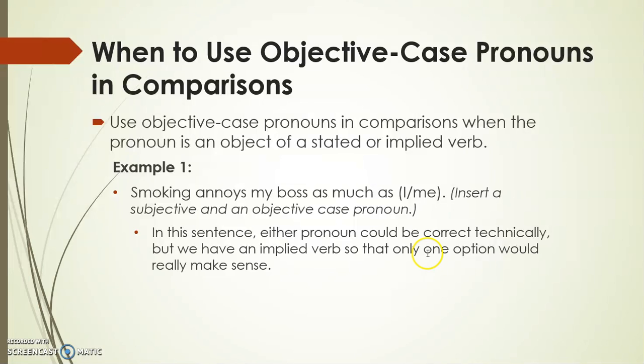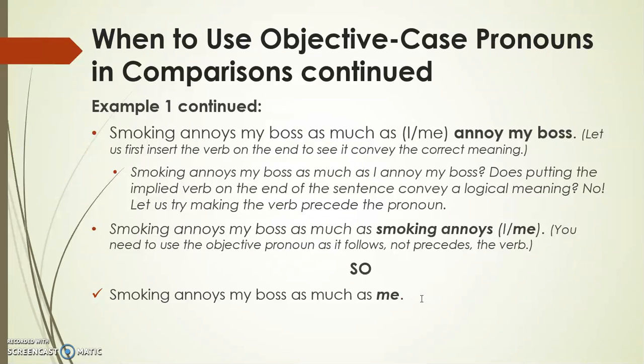Well, in this case, you could do that also. You could try putting that verb back on the end. So smoking annoys my boss as much as I annoy my boss. That's probably not what you mean. You probably mean smoking annoys my boss as much as smoking annoys me. And now you're an object. You need that objective case.